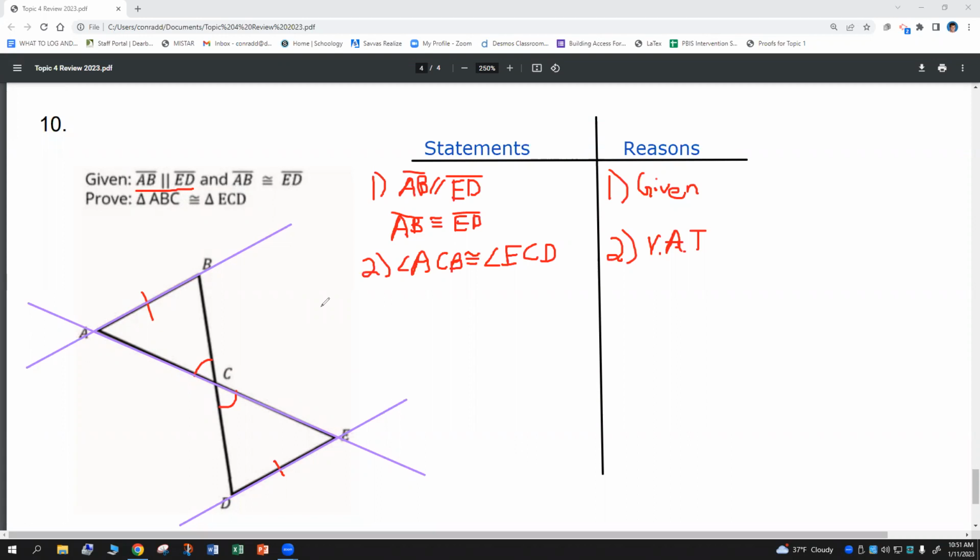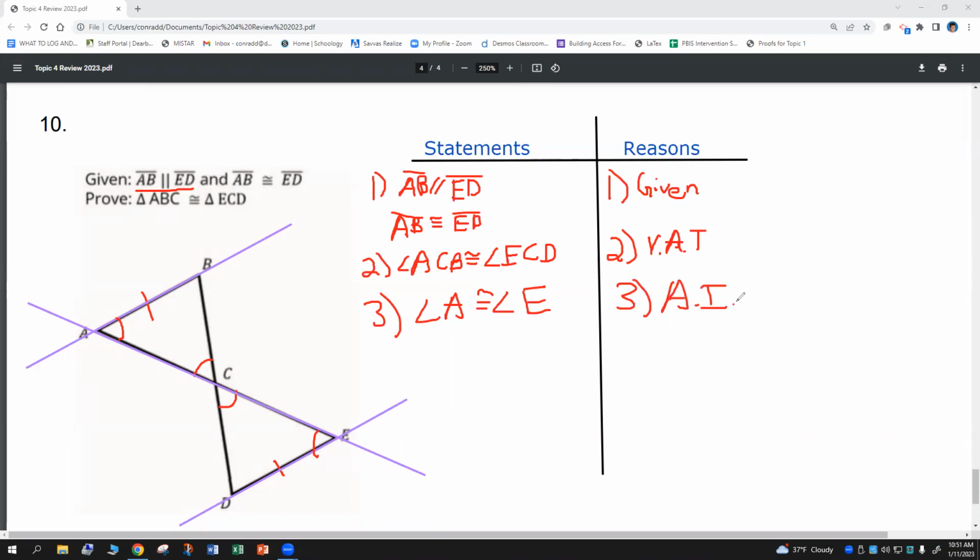My alternate interior angles should be angle A and angle E. So for step 3, we can say angle A is congruent to angle E. And that's the alternate interior angle theorem.